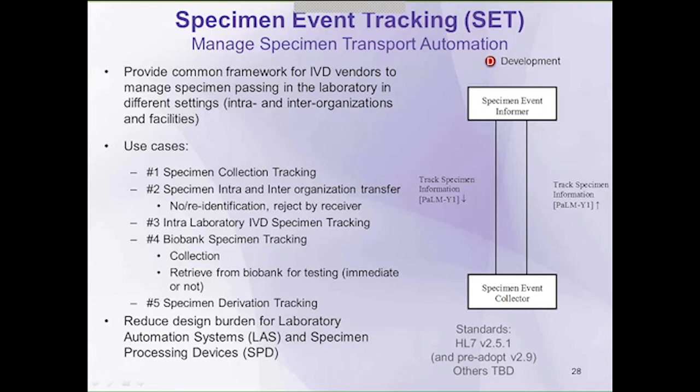So if you have a tissue specimen that's embedded into a paraffin block and then you derive slides from it, that would be a child specimen. If you have a sample of blood and there's DNA aliquots that are generated, or RNA, those would all be child specimens, and that entire tracking of where a specimen originated would be part of this specimen event profile.